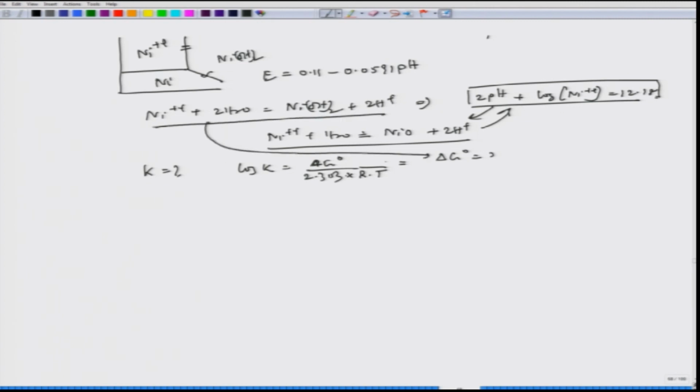So, delta G0 you find out from mu0 Ni(OH)2 plus 2 mu0 H plus minus mu0 Ni plus plus minus 2 mu0 H2O, and you would get the same equation. So, that means whether you write NiO or Ni(OH)2, these lines would be the same, provided you fix the Ni plus plus ion concentration.